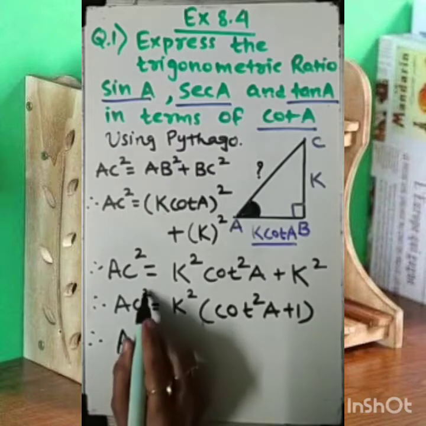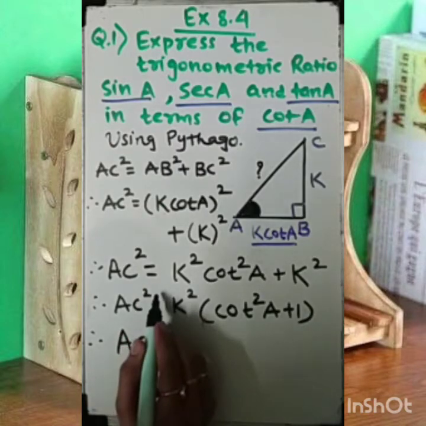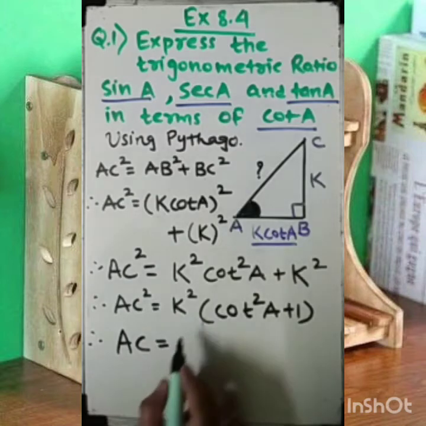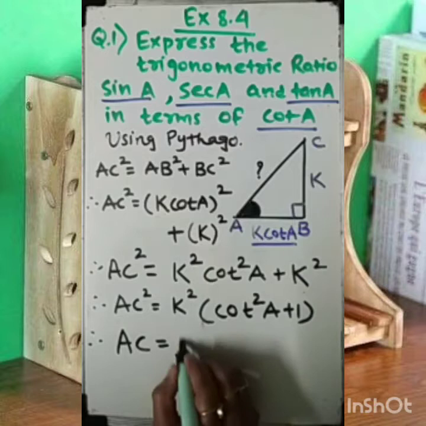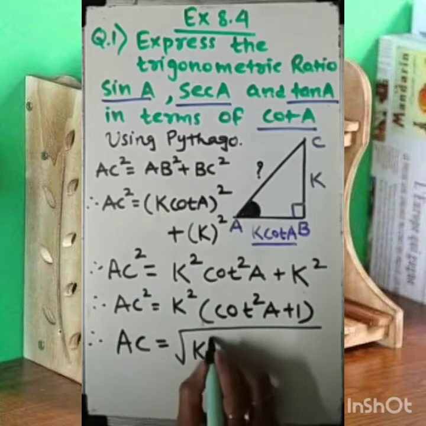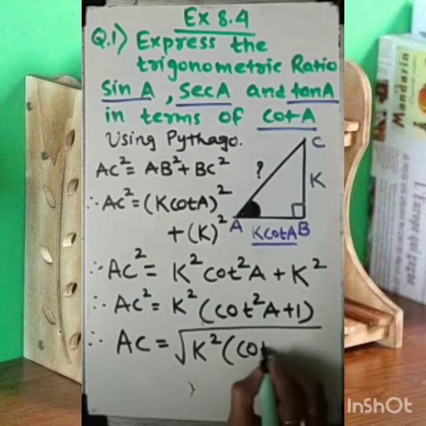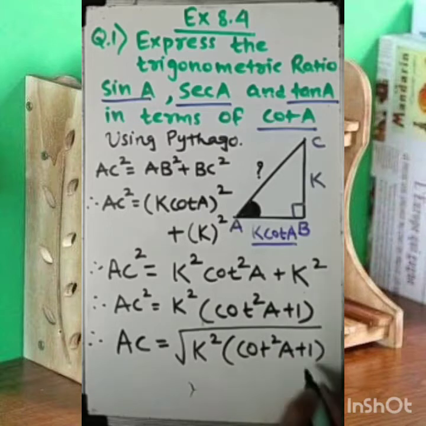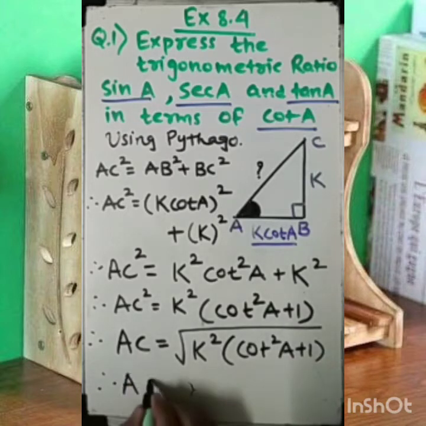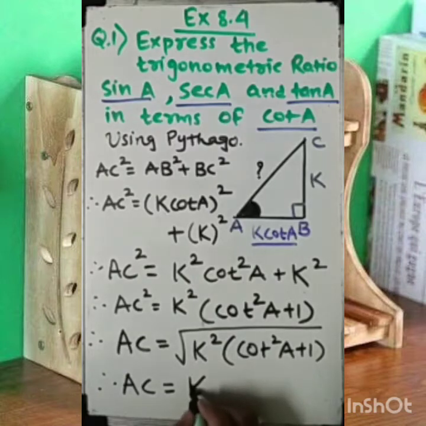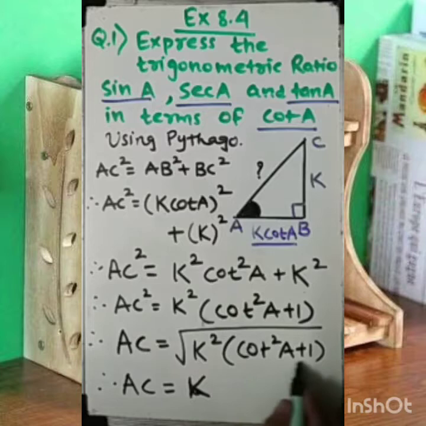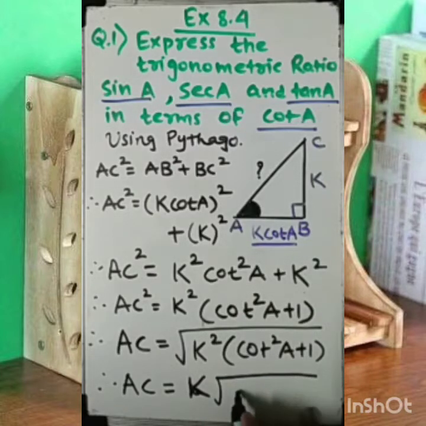Now here I want the value of AC. I do not want the value of AC square. I want the value of AC, so square root. This side it will become square root. So I need to mention here this is K square and of course cot square A plus 1. Therefore, finally the AC, K square, the square root of this is K only. So I can take out K outside. But what about this? This full term, it's not possible to take out, it's a square root.